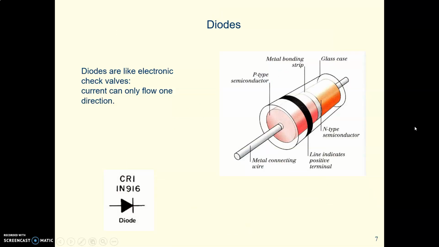So in a diode semiconductor, a diode has only two, I've forgotten the name, like two wires, two connectors coming out of it. And it is essentially like a check valve for electrons. And here at the bottom of the slide is the symbol for diode. You can see it kind of looks like a check valve. So it can flow one way, can't flow the other way.